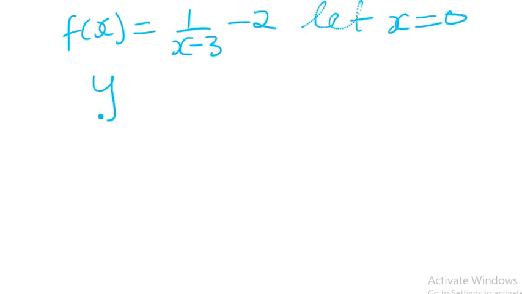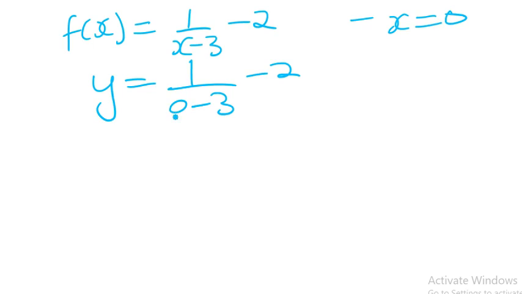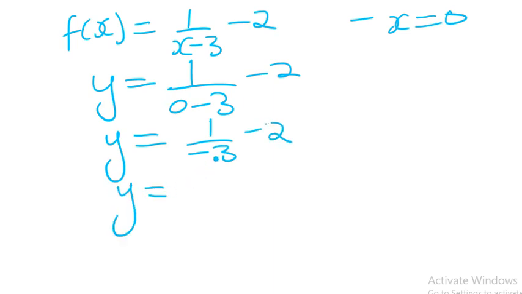Where there is x, we write 0. Here I just substituted x by 0. So this gives me y is equal to 1 over negative 3 minus 2. When you say negative 3 multiplied by negative 2, that will give you positive 6.